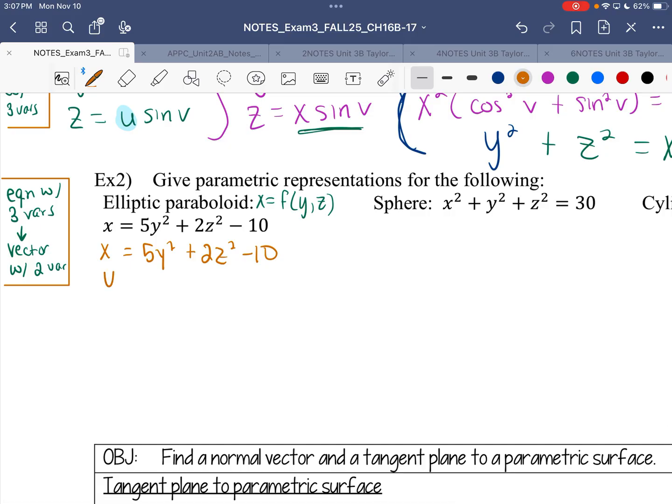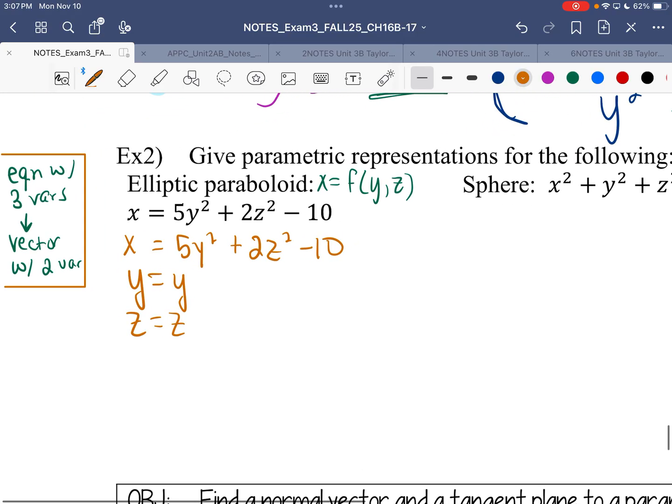So leave it as y is equal to y and z is equal to z. Now write it as a vector. This is something that seems so basic, but people struggle to do this conversion at the jump to then do the calculus to these functions. So we want to write this as a vector, where instead of being a function of y and z, we're writing it as a vector of y and z.